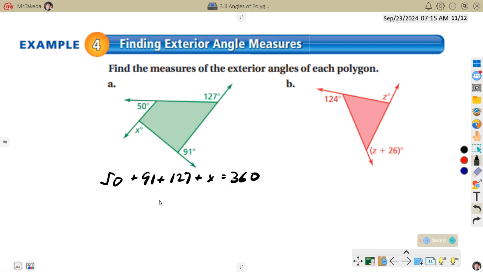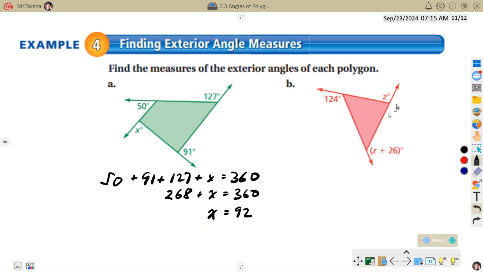So solving this, we're going to simplify that left side. 50 plus 91 plus 127 equals 268. So 268 plus x equals 360. So x will equal 92.